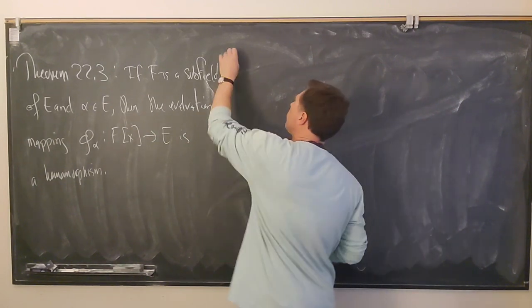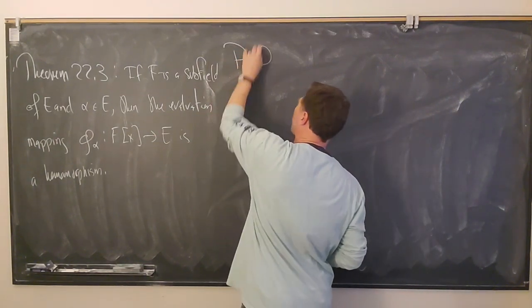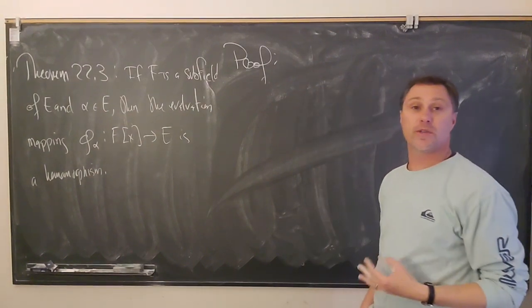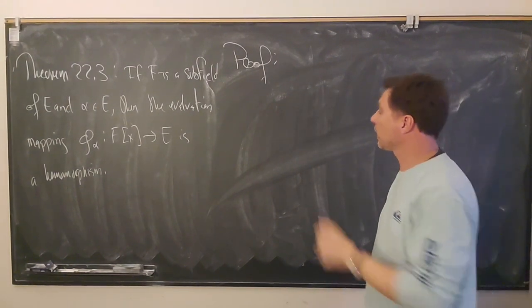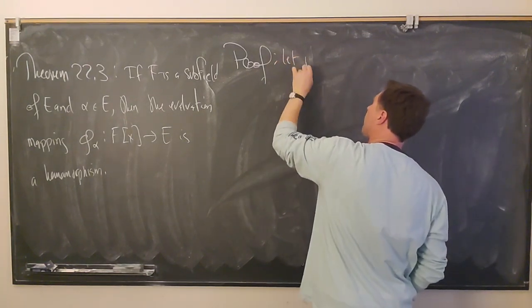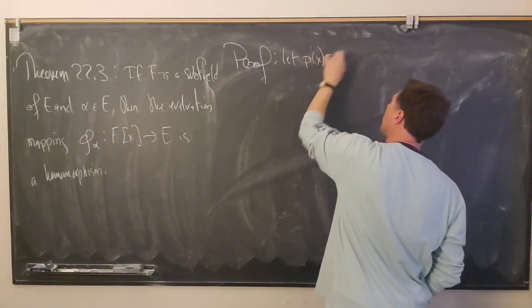Okay, so the proof is pretty straightforward. We really just crank it out. And this is one case where it's more convenient just to use the sigma notation when we're talking about the polynomials. So the proof goes like this. Let's let p of x, let's write that out.